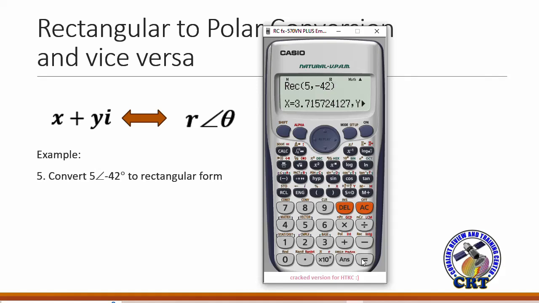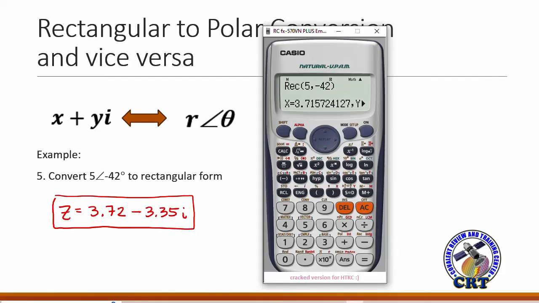So this is our answer, 3.7157. Then press the right arrow, y equals negative 3.3456 and so on. Again, for our final answer, z equals 3.72 minus 3.35i.